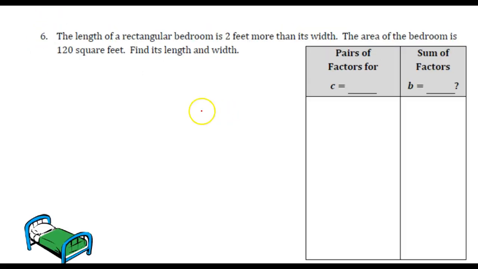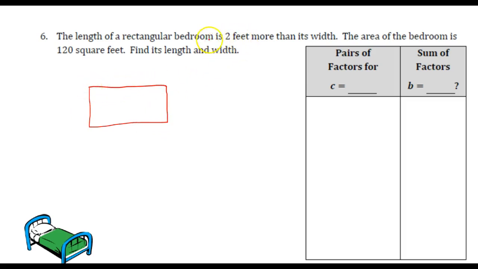Alright, so on this next one, we're going to be doing a word problem. It says the length of a rectangular bedroom is 2 feet more than its width. So here's my bedroom. It's going to be a rectangle.